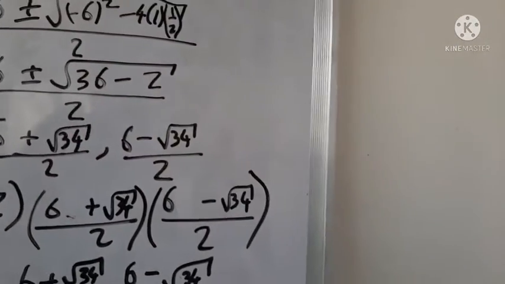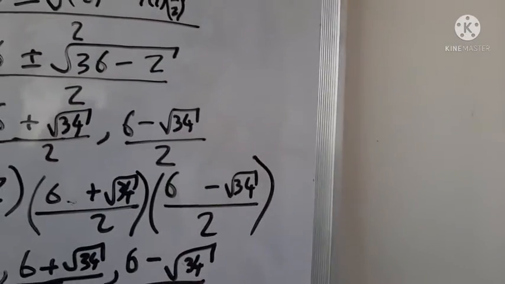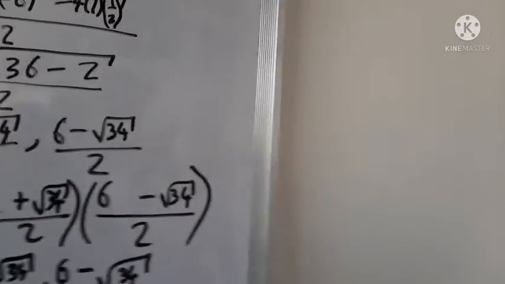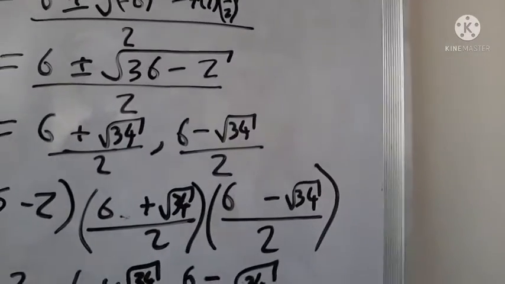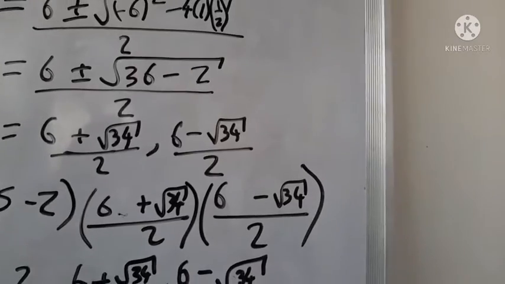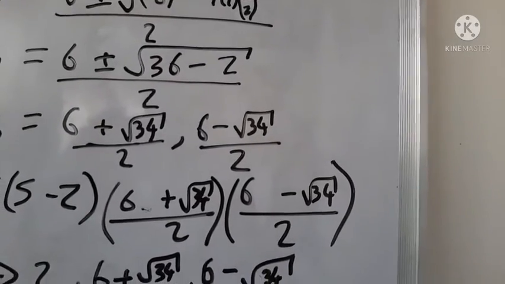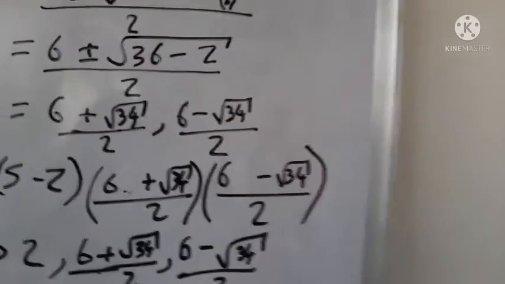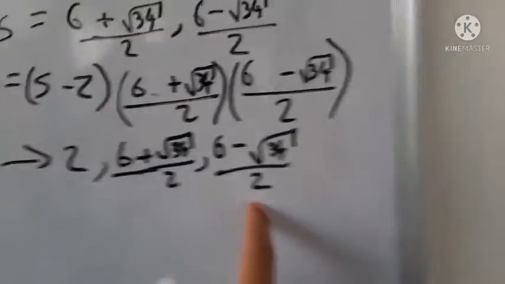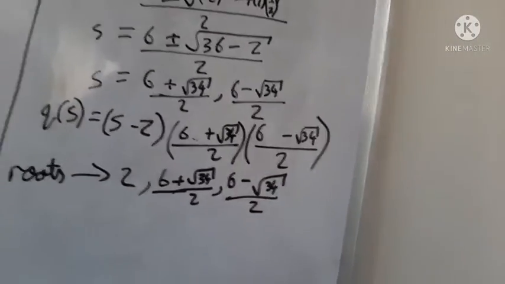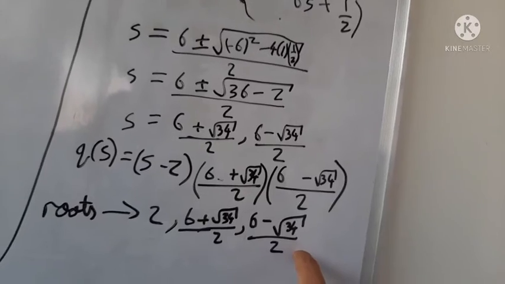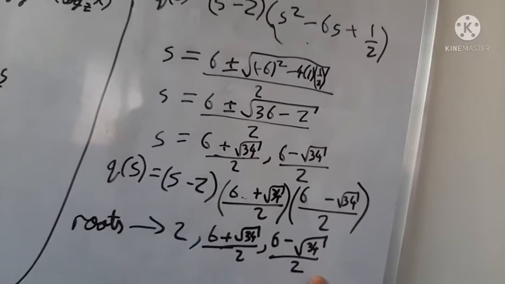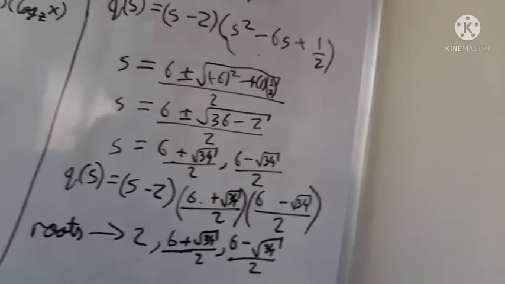Okay, so 6 minus a little less than 6 over 2, 6 plus a little less than 6 over 2. This one's going to be the smallest one, I think. Yeah, that one's going to be smallest, which should be x, right?